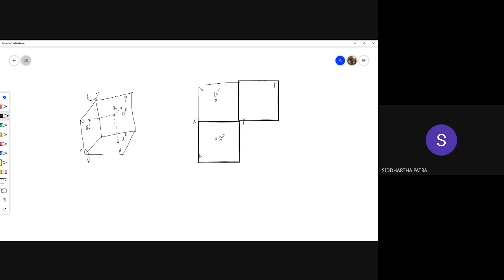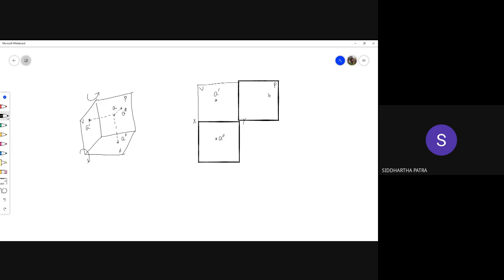So the profile plane after opening will sit next to the vertical plane, and on that plane the projection should be A triple prime.